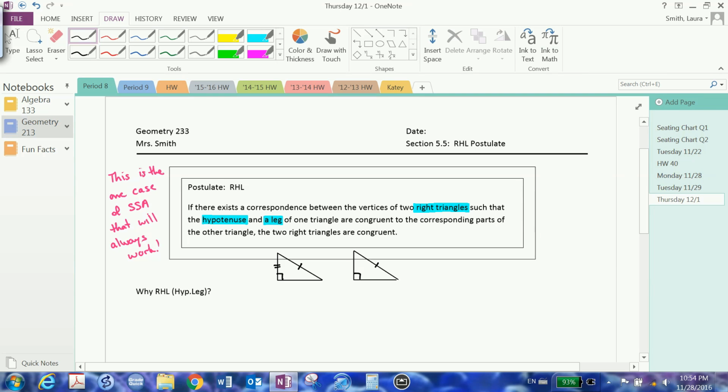So it could be this, or it could have just been the other leg. It doesn't matter. But you have to have the hypotenuse, a right angle, and one of the two legs. They've got to be the corresponding legs.